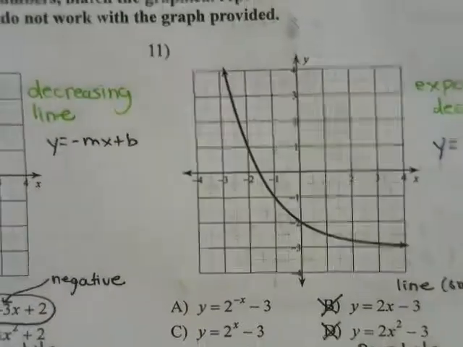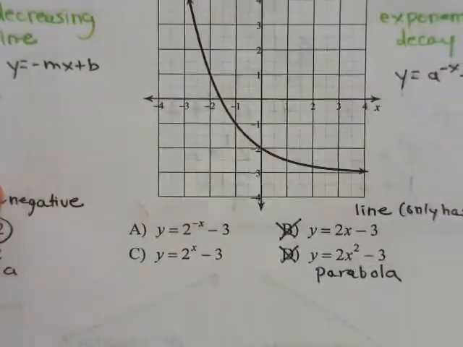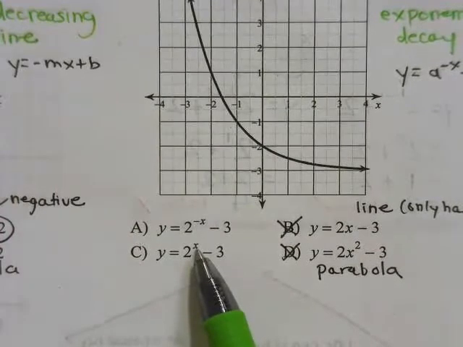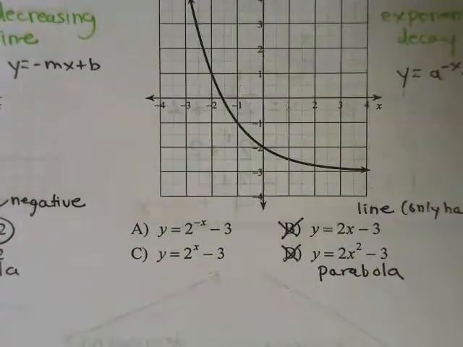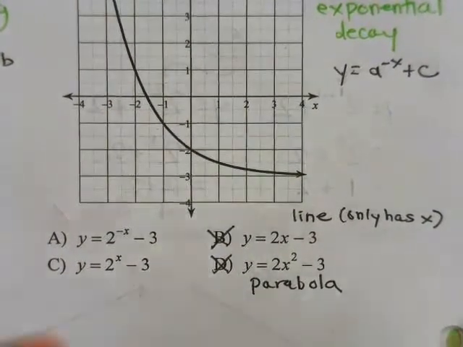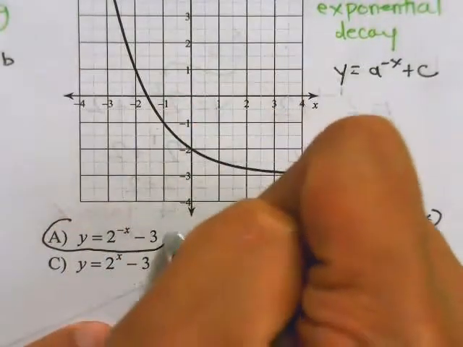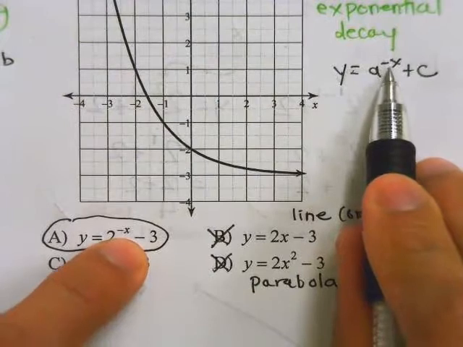All right. I think both A and C are, in fact, exponential functions because we have the variable at the exponent. We just got to pick which one it is. Okay. Hopefully, maybe you guys can see it. I am going to pick A for the final answer because we want that negative at the exponent.